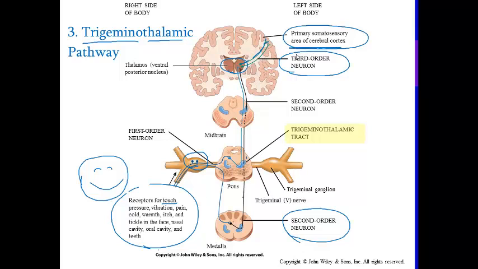Okay, so I hope you do see, if you know your first, second, third order neurons, you will be able to find where their destination should be. And a lot of them have a similar pattern.